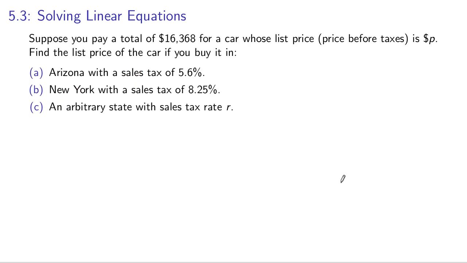So let's use what we've learned and do a few more examples. So suppose we pay a total of $16,368 for a car. But the list price, the price before we have to pay any taxes, is this unknown dollars of P dollars. So we want to find the list price, this P, if you buy it in A, Arizona.